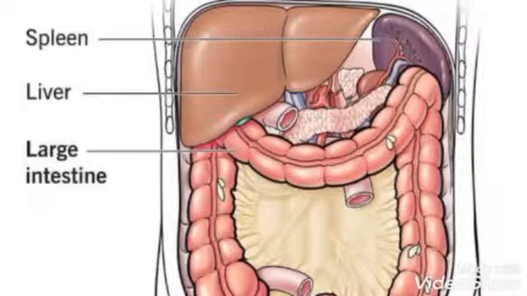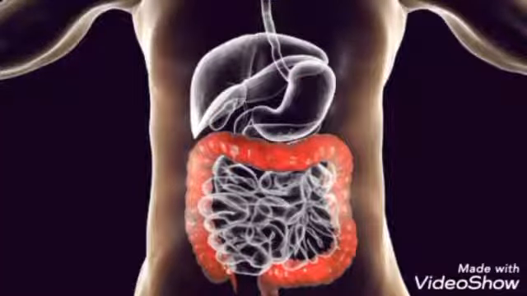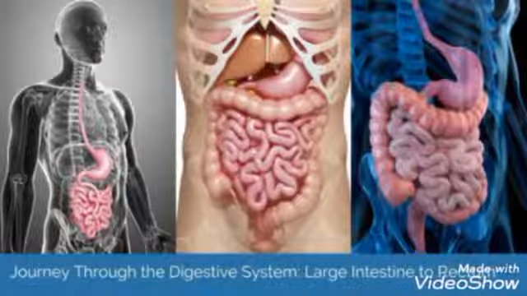The large intestine is an important part of the digestive system and the final organ in the gastrointestinal tract. As an organ of excretion, its main function is to eliminate solid wastes that remain after the digestion of food and the extraction of water from indigestible matter in food waste.